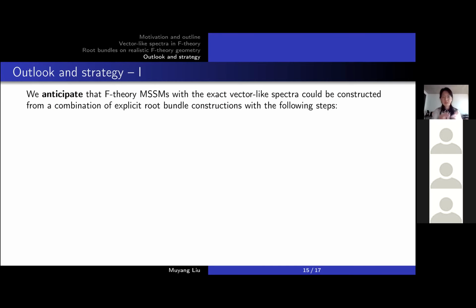And here I present our future strategy, such that we anticipate the F-theory MSSMs with the exact vector-like spectrum could be constructed from a combination of those root bundles in the following steps.